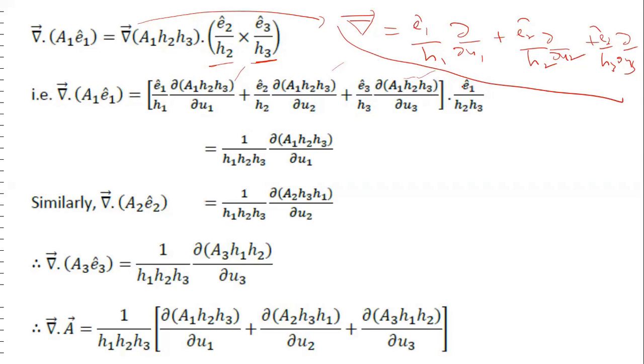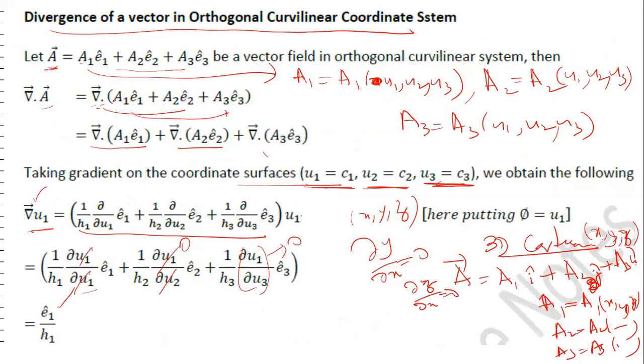Only the first term will result in 1. So you are going to have 1 upon h1 h2 h3 multiplied with del A1 h2 h3 upon del u1. Okay. So this is your divergence of A1 e1 cap, the first term here. So the first term, you can deduce it like that.